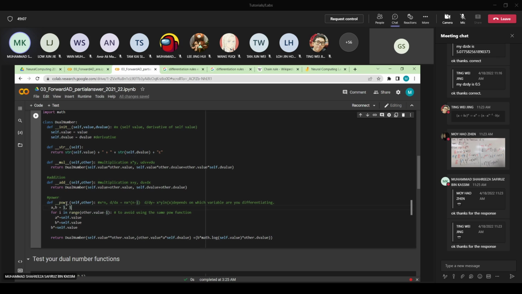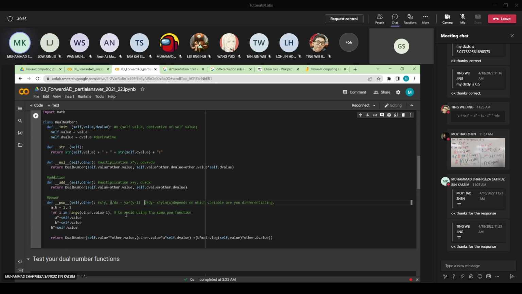We have x to the power of n, or x to the power of y. I think this is a wrong comment. It should be y minus 1. And the partial derivatives depend on which variable you are differentiating.